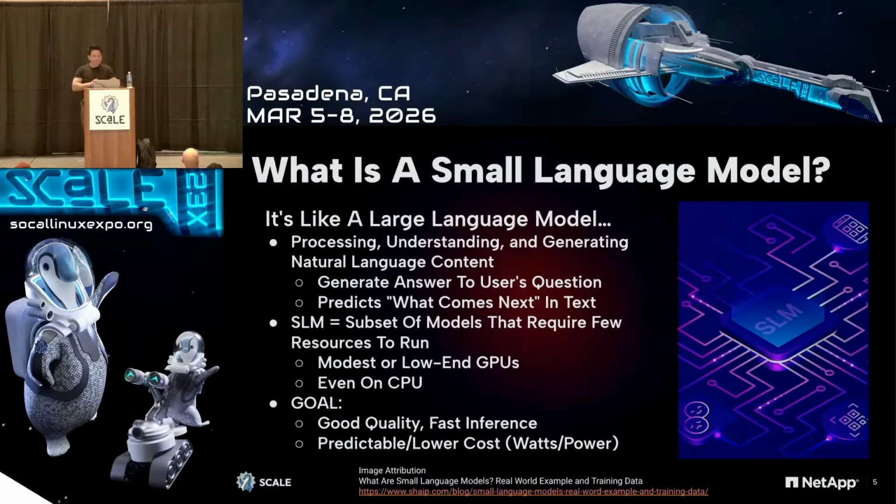The end goal is good quality output and faster inference, because you're not requiring massive amounts of expensive GPUs like an H100. And of course, because you're not using a very expensive GPU, you have lower costs on your infrastructure, with commodity CPU or less expensive GPU. By extension, you're saving on power, cooling, and water, all of those things. And that is what a small language model is.